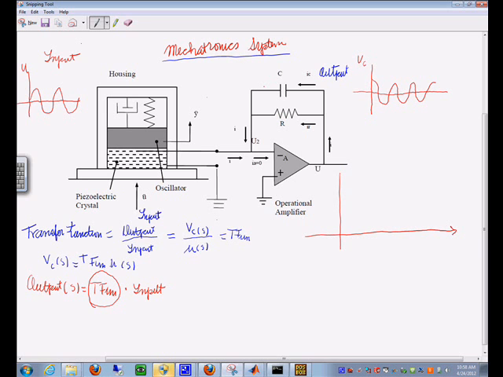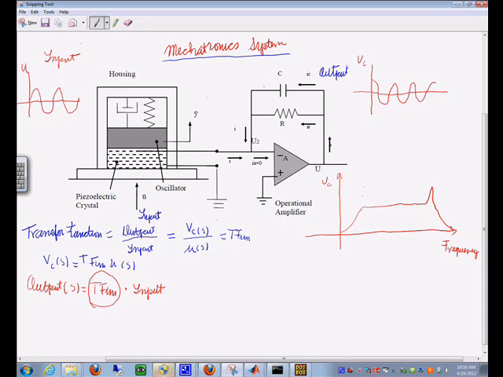On the horizontal scale we're going to put the frequency, and in here we're going to put the output, which would be V sub c. So what is going to happen is we'll start with something like this, and maybe it will taper off like this, and then it will do something like that.